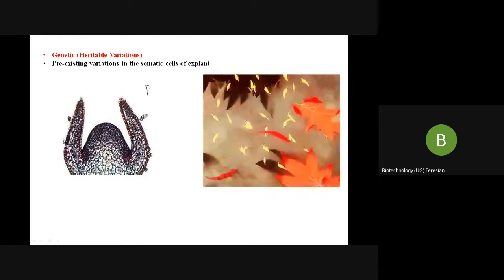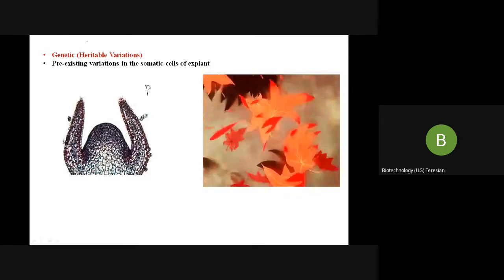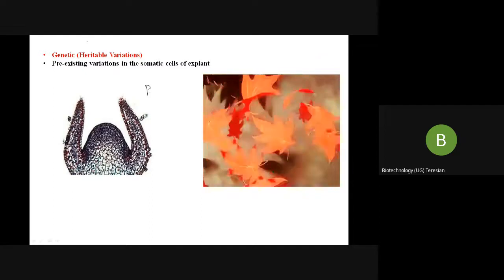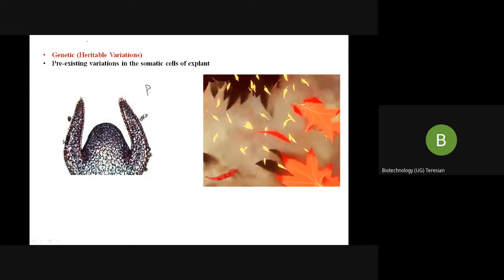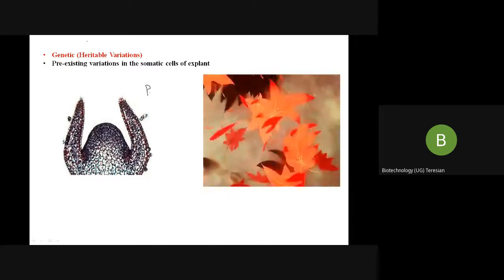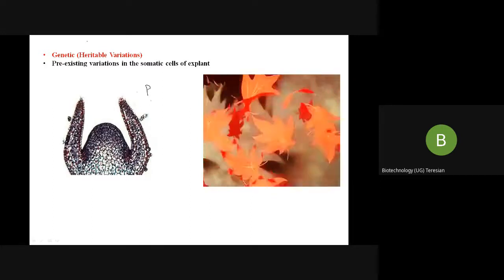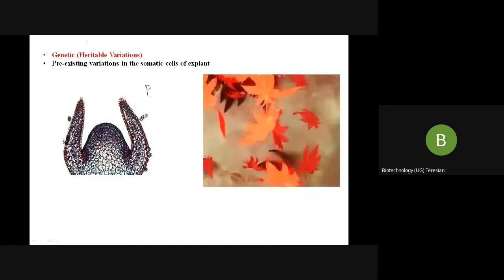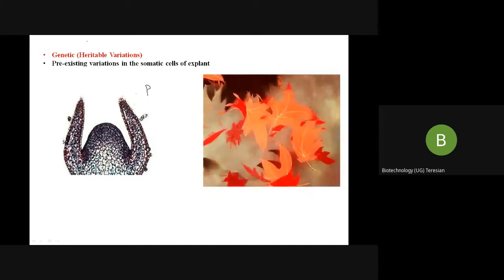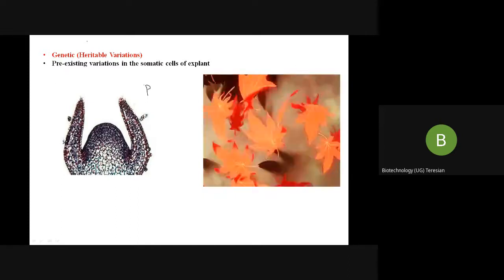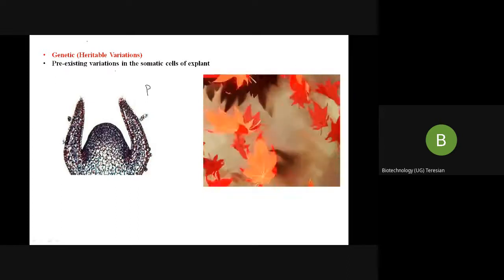Maybe because of the age of the plant, or remember, the plant is always going under the process of differentiation, de-differentiation, re-differentiation. So there can exist a variation. A plant which is already having this variation is called pre-existing variation.